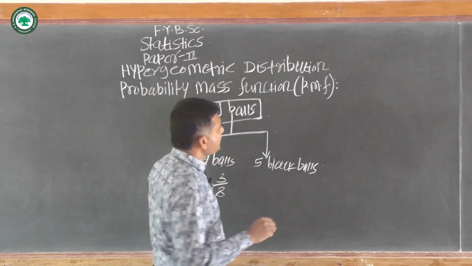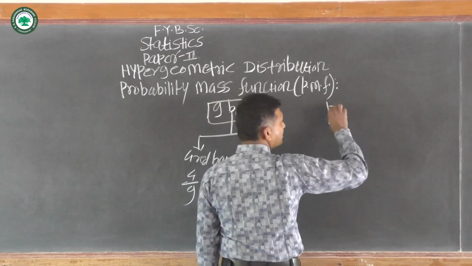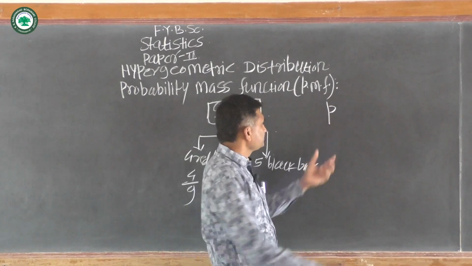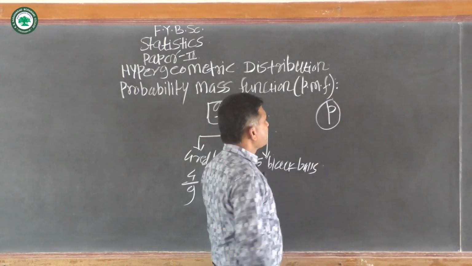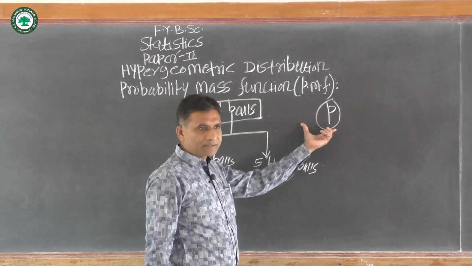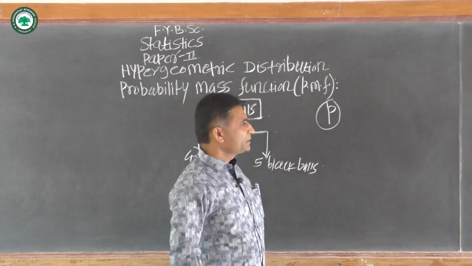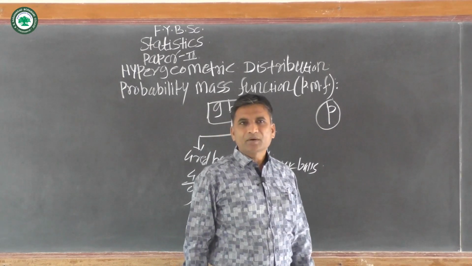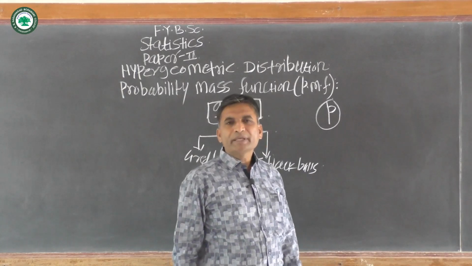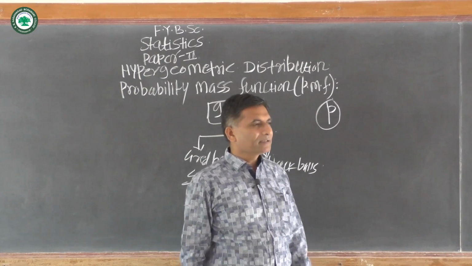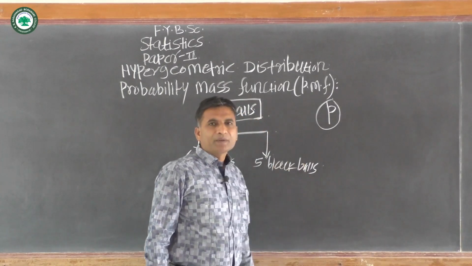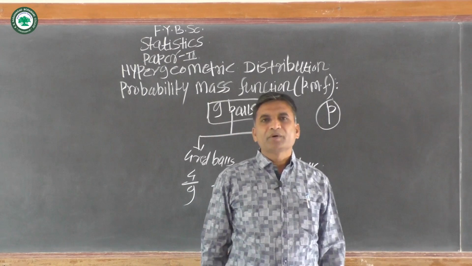Thus, this probability of success does not remain constant and the draws are not independent. The probability of getting a red ball at the second draw depends upon which ball we have drawn at the first draw. Thus, in sampling without replacement, we cannot apply the binomial distribution.